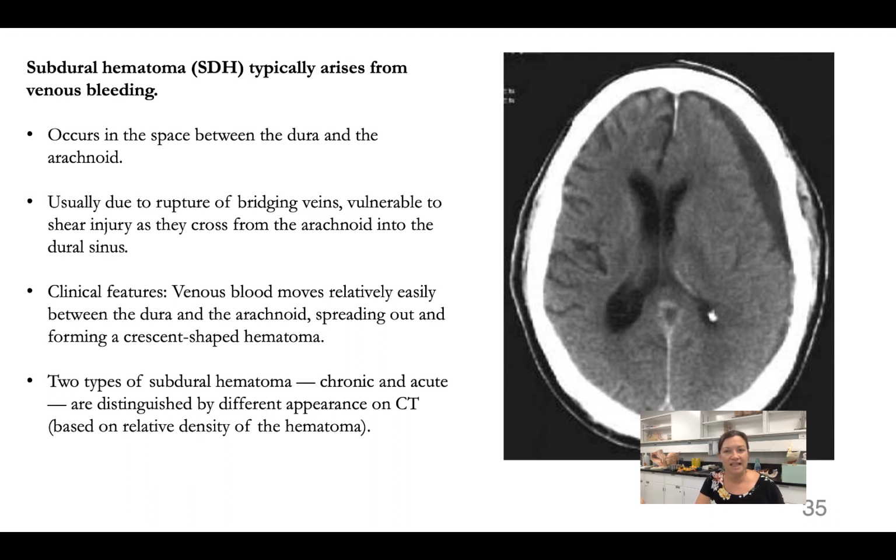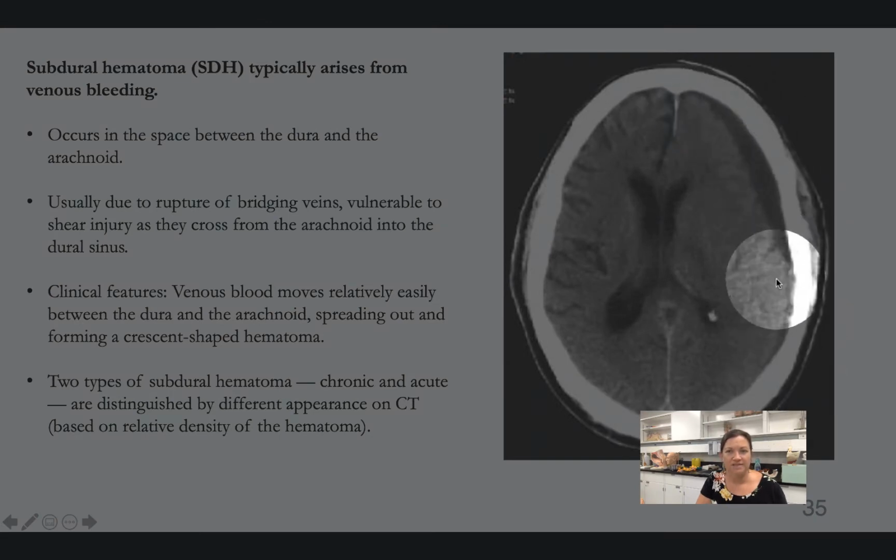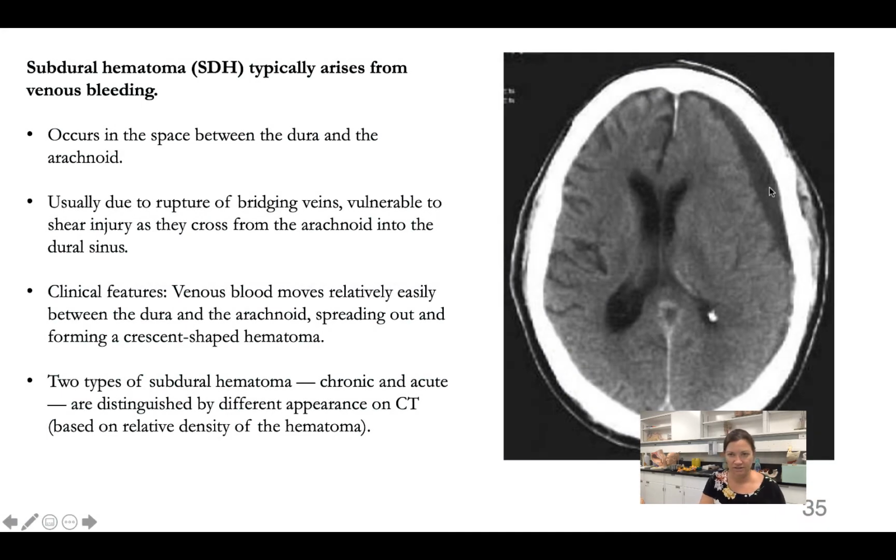And unlike the epidural hematoma, in which spread of the blood is constrained by the skull sutures, this blood moves relatively easily around the outside of the brain. And so instead of that big fat lens, you get a long, narrow, crescent-shaped hematoma that seeps along the skull.